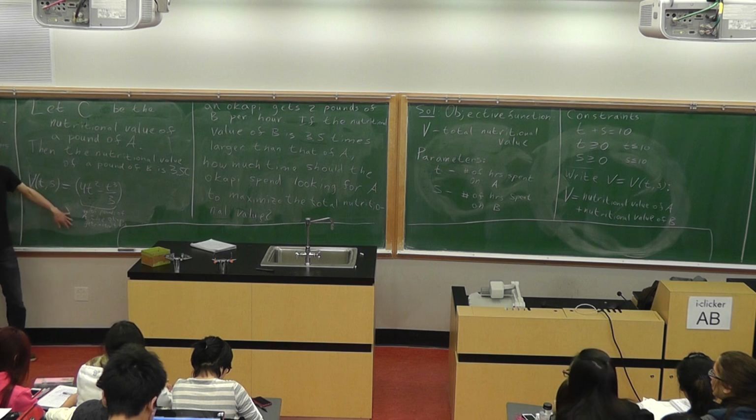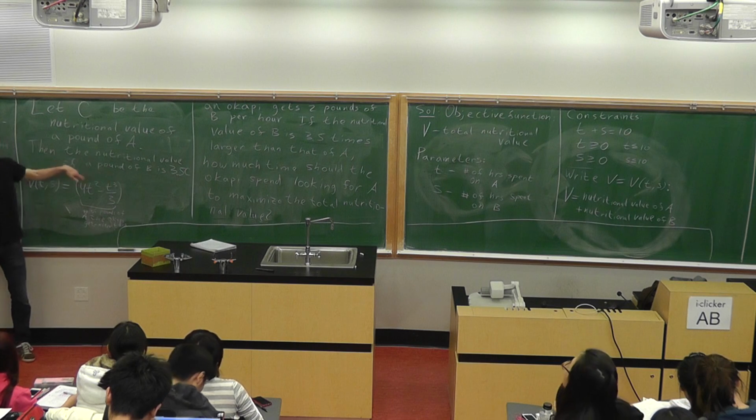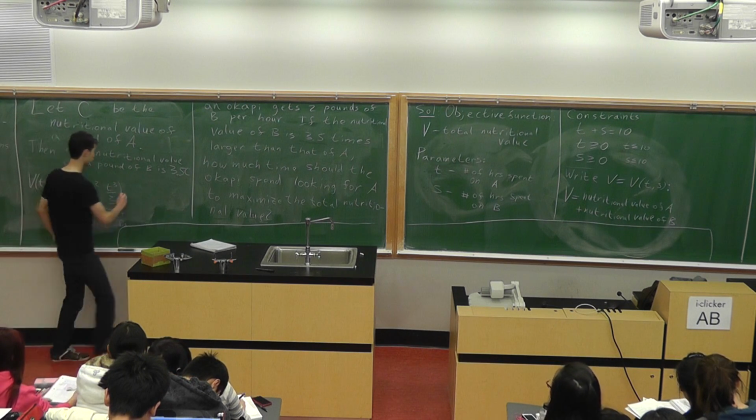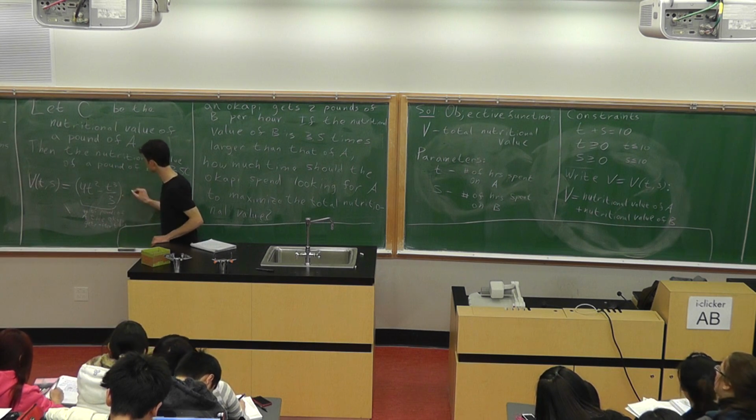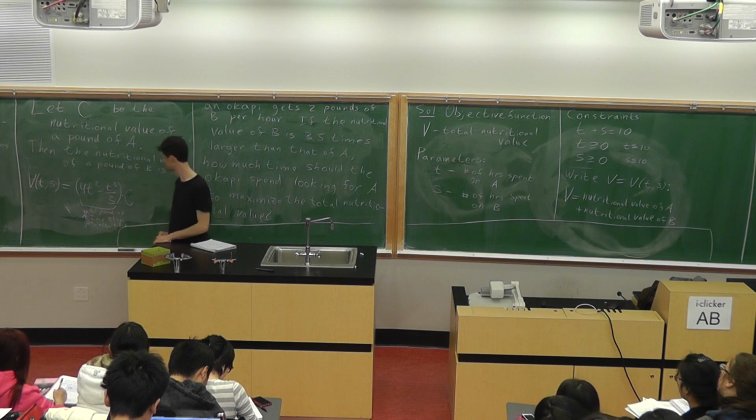So if an akapi spends T hours looking for A, it was just given to us that it will gather that many pounds of A. And then we must multiply this by the nutritional value of 1 pound of A.